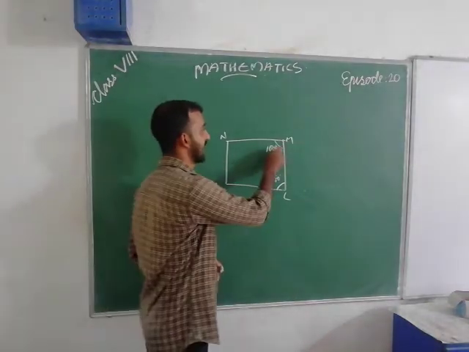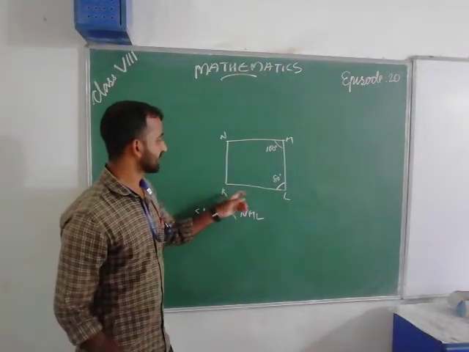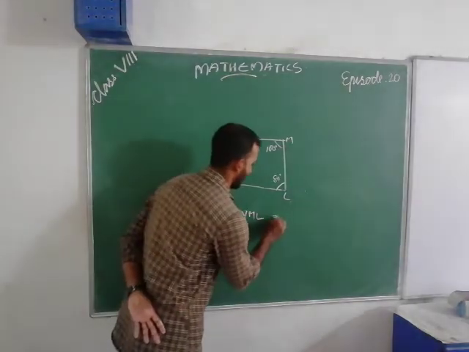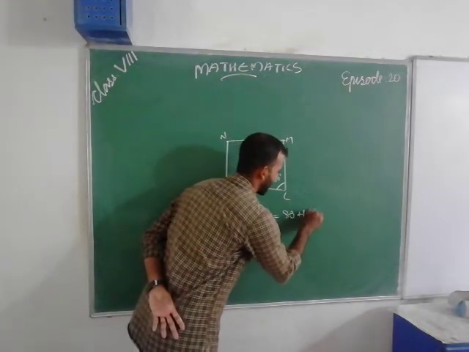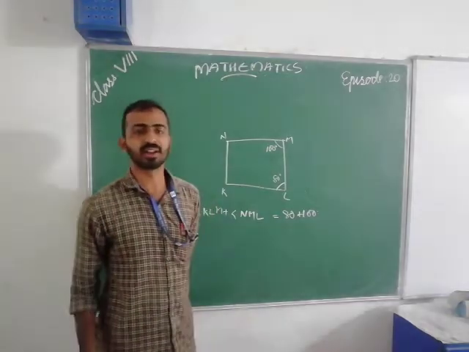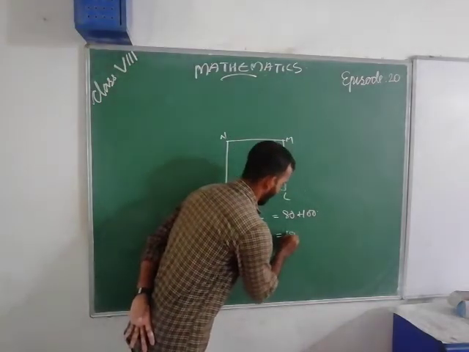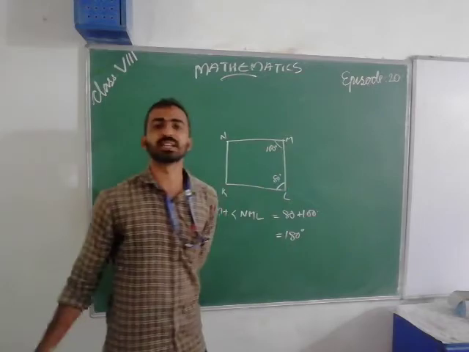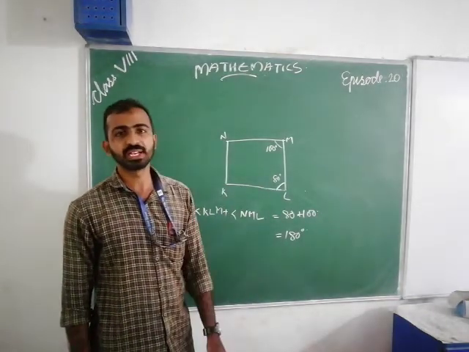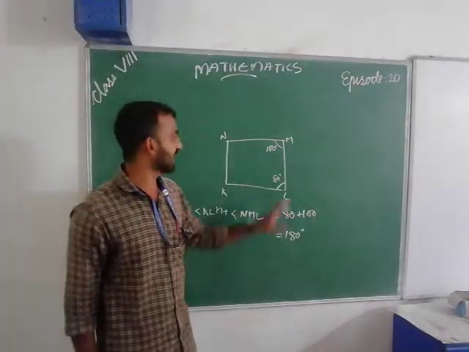NML means this angle and KLM means this angle. That is 80 plus 100, that is 180°.